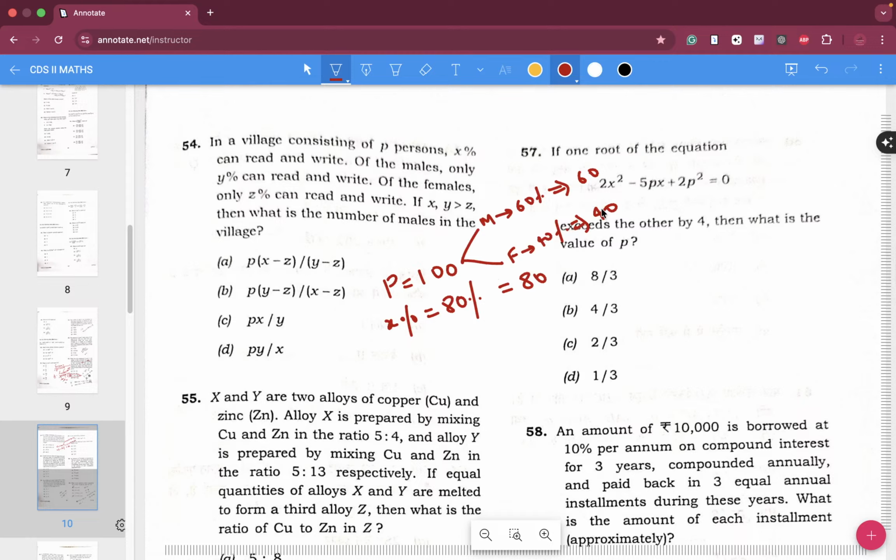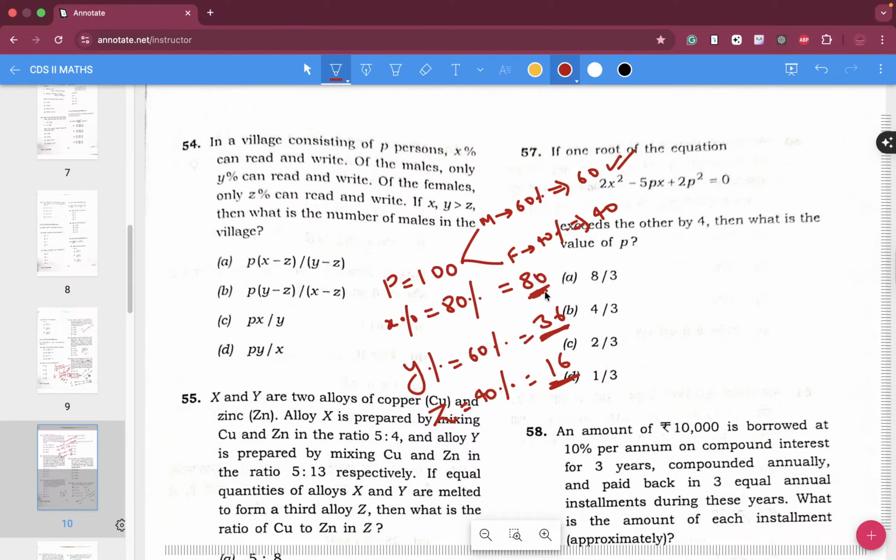And of the males, y percent can read and write. Let's say y percent is equal to 60%, which means 60% of 60 is how much? 36. And z is, let's say, 40%, which means 40% of 40 is 16, right? These are the female population which can read and write, and the male population which can read and write.